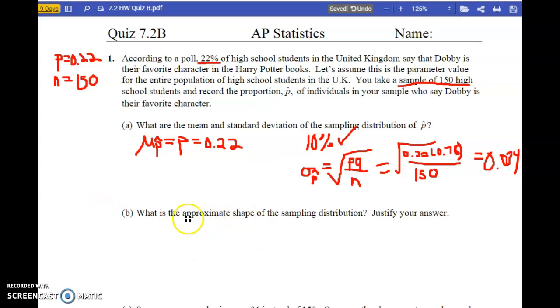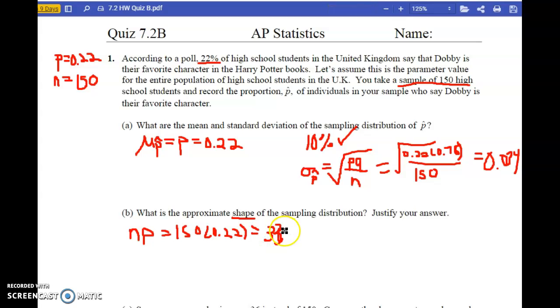And then B, what's the approximate shape? Well, hopefully it's normal, but you have to check the normal condition. So np, if you do np here, that's 150 times 0.22, you should get 33. And that's good. The normal condition has to be greater than or equal to 10, and we got 33.